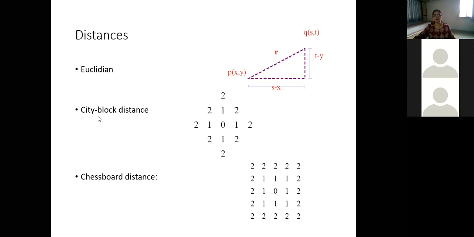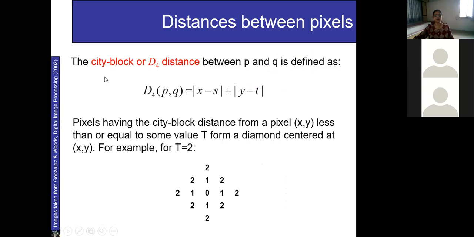Now let us have a look at the actual formula for computation of distance by the city block distance method and by the chessboard distance method. The city block method is also known as the D4 method. Why? Because it treats your 4 neighbors at the same distance. That's why the city block distance method is also called the D4 distance method.